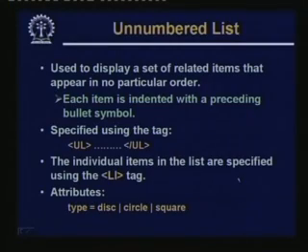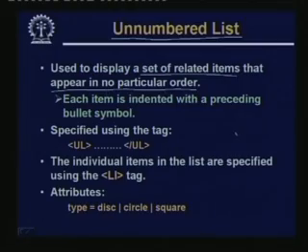First, we talk about unnumbered lists. As the name implies, an unnumbered list does not contain any number before the list items. These kinds of lists are used to display a set of related items that do not appear in any particular order.